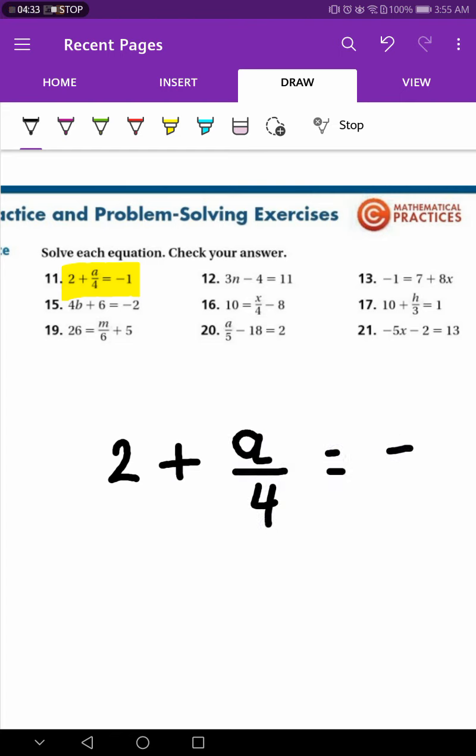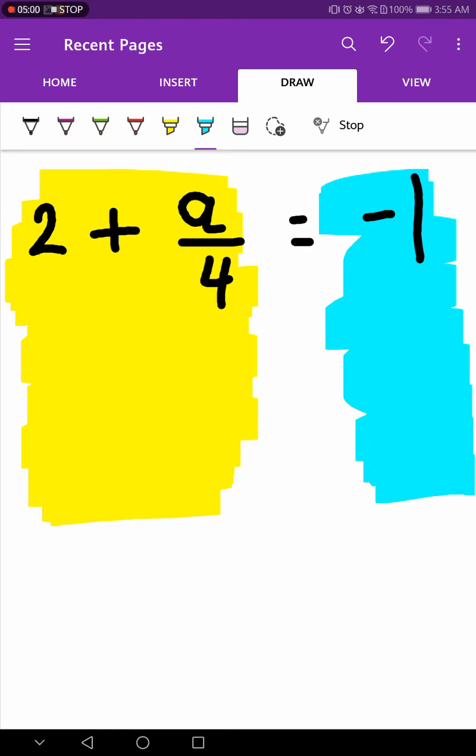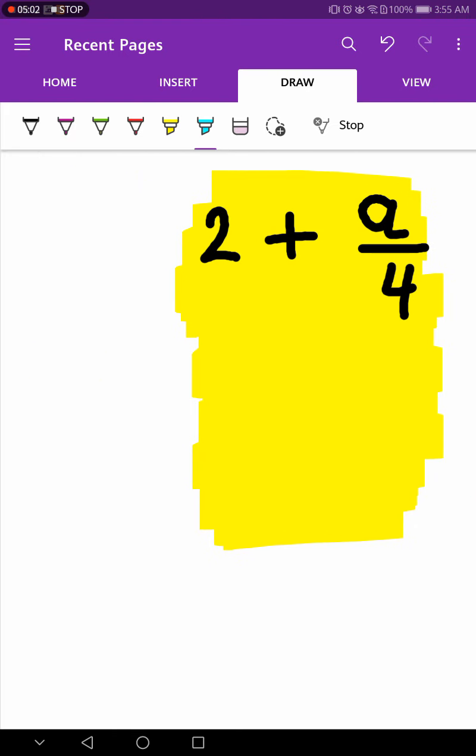Don't be in a hurry. So determine the left and the right. Move to the side that has the variable or the letter and check what operation you have here. Actually, you have two operations here. You have a plus and a division.